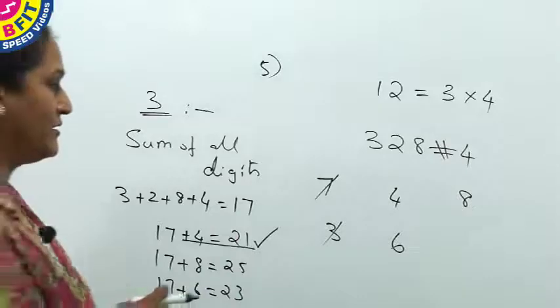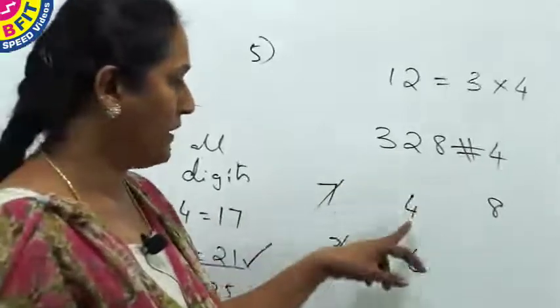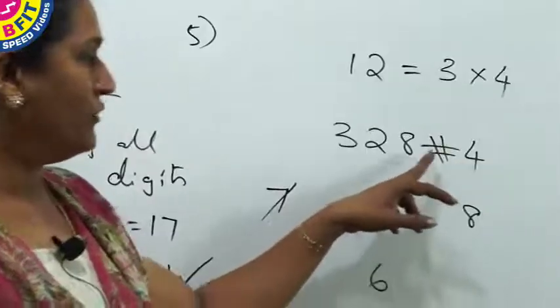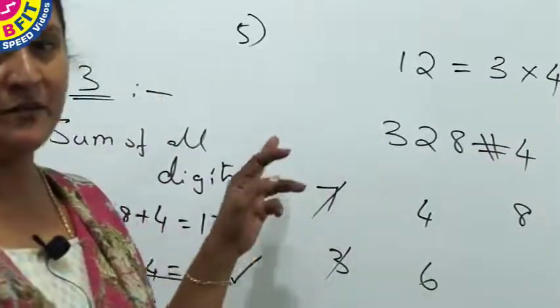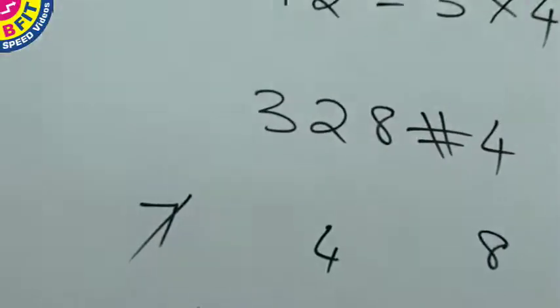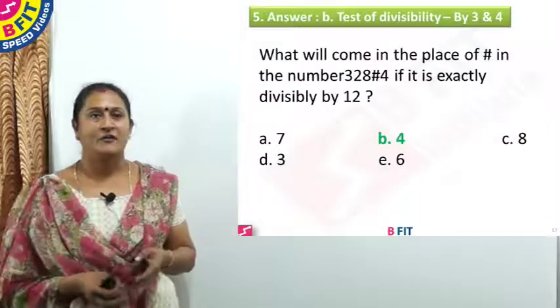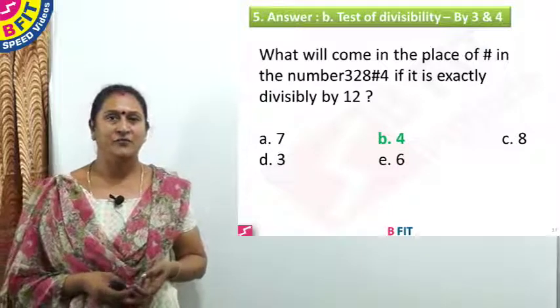So the answer is 4. Then in the given number 328, replacing hash with 4, 3284 is divisible by 12. And the answer for question number 5 is option B, 4.